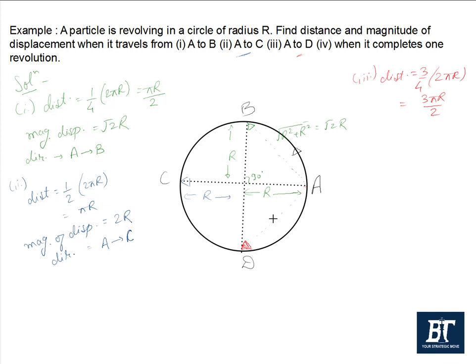So length of this line AD will give us magnitude of displacement, and we have already calculated the length of this line. So length of this line AD will be equal to root 2 r, and direction of displacement will be from point A to point D.